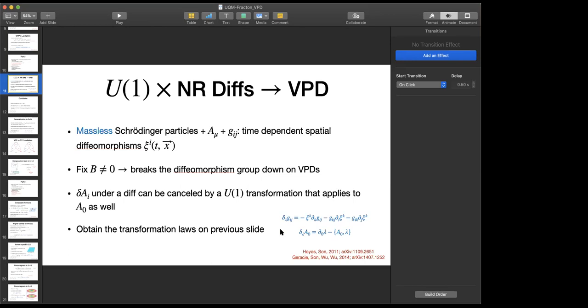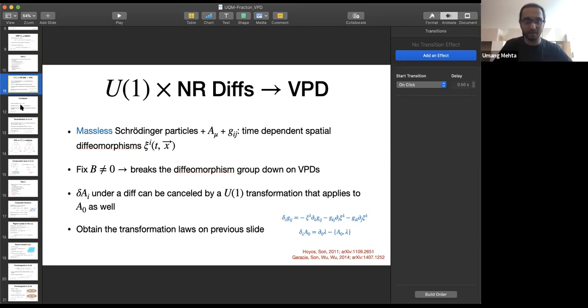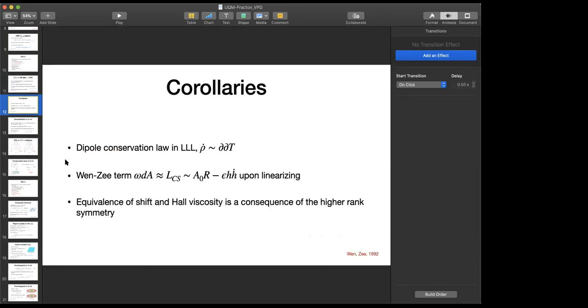Actually, can I ask something? So the dipole conservation here is actually a natural consequence of the relation between the momentum and the dipole in the magnetic field. So what about higher quadrupole conservation? What is the natural picture for that?